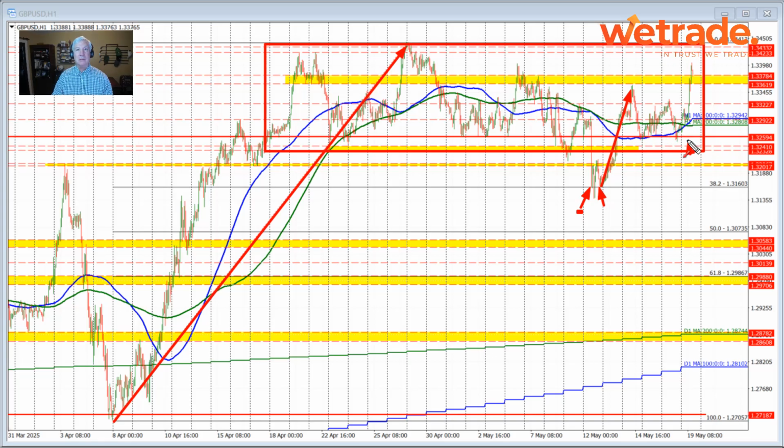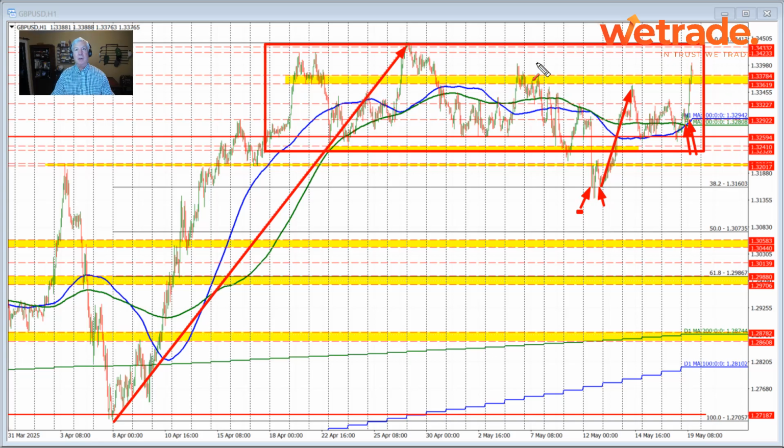In trading today, you can see how the low prices came within this 100 and 200-hour moving average range, between 132.80 and 132.94. It found support, buyers came in and pushed to the upside. We are moving above this swing area up here between 133.61 and 133.78.